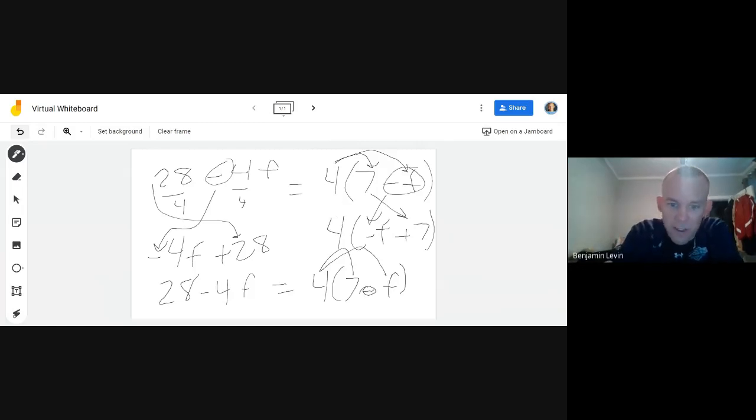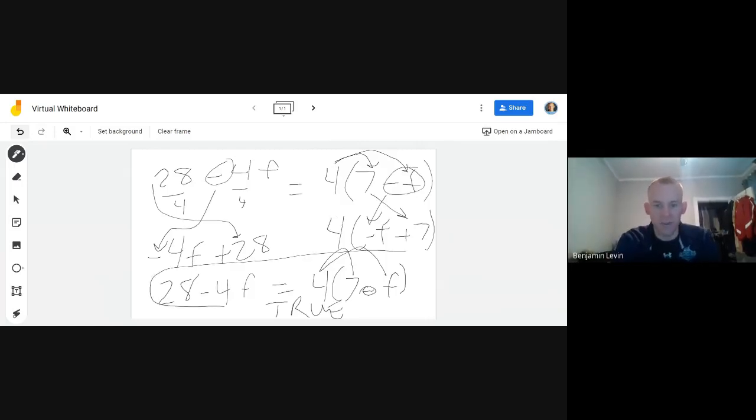So we know that these are equal. That's true, right? And there's all kinds of applications where we would need to know that this is a true statement. There are 2 different ways of writing the same thing.